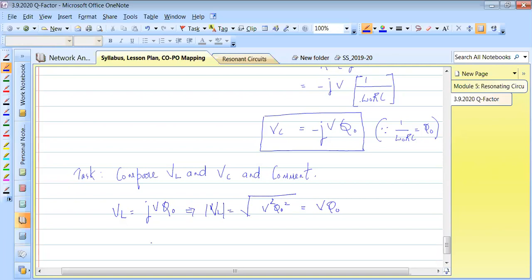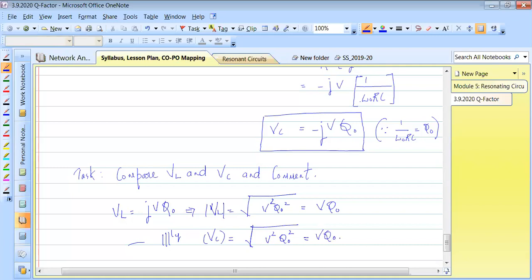Everybody understand? Similarly, if you take the magnitude of VC, what are you going to get? It's again V square Q naught square. Whether it is A plus JB or A minus JB, the magnitude would remain the same. So it would again be V Q naught.